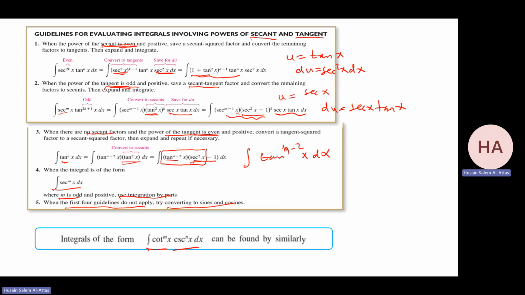So my idea here, the tan is odd. So the idea is to have what? Tan is odd, I need to have secant tan. For tan, let me write this one first. That will be tan cube times secant x to the power minus half dx. So take this as tan square times tan x.